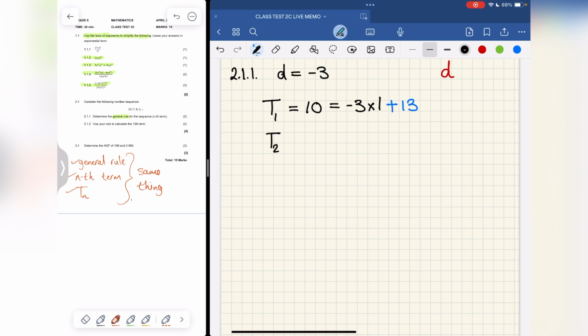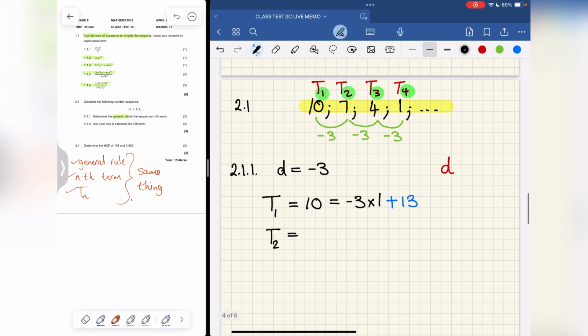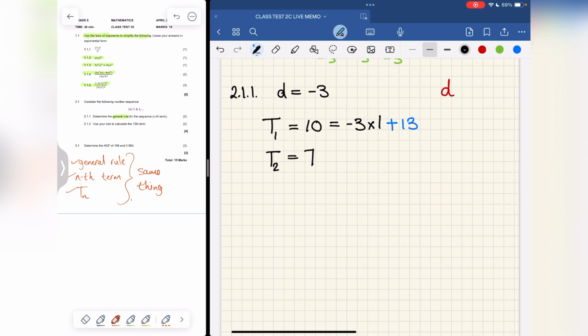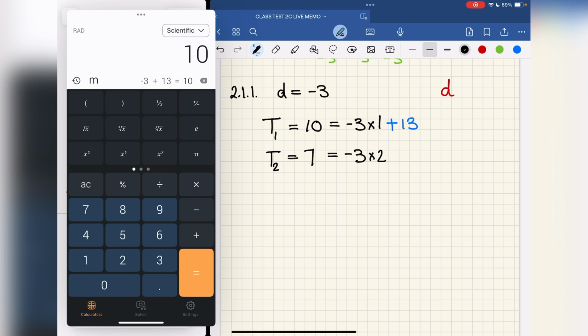Term 2 is equal to 7. If I take my constant difference of negative 3 and multiply it by the term position, which is 2, negative 3 times 2 is negative 6, and negative 6 plus 13 gives me 7. So it seems plus 13 works here again.